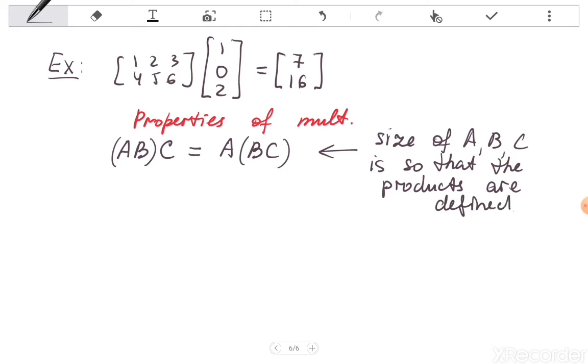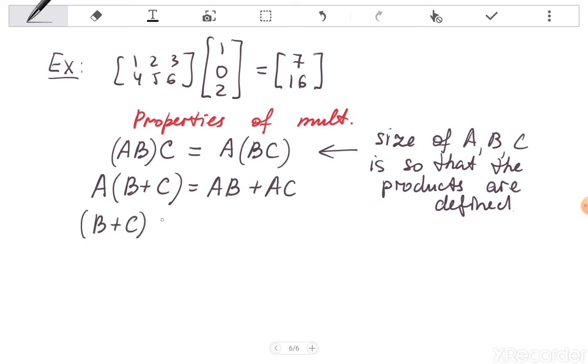And also we have distributivity. So if we take matrix A and multiply by the sum B plus C, then this is the same as AB plus AC. And also distributivity from the other side. So if we multiply (B plus C) by A, we get BA plus CA.